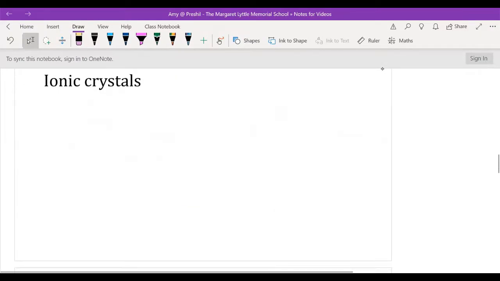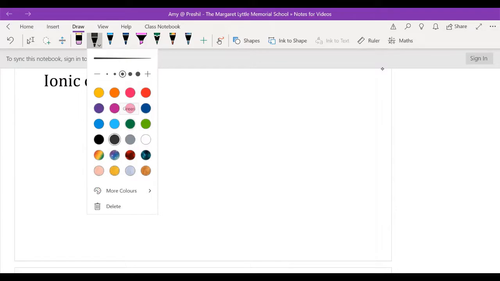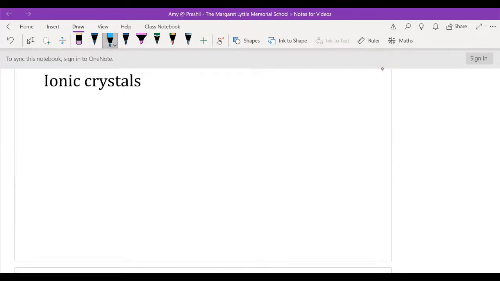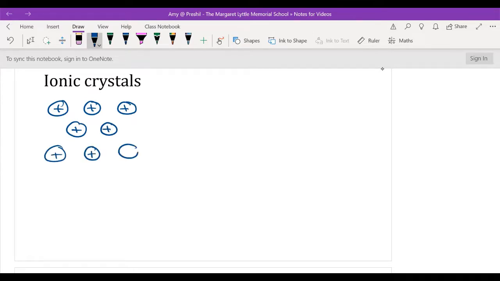Okay, so once I've formed a sodium and a chloride, let's make sodium blue and chloride green. Ionic crystals have a very distinct shape. Now there are things called coordination number.